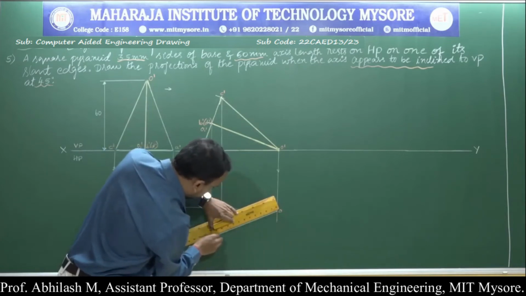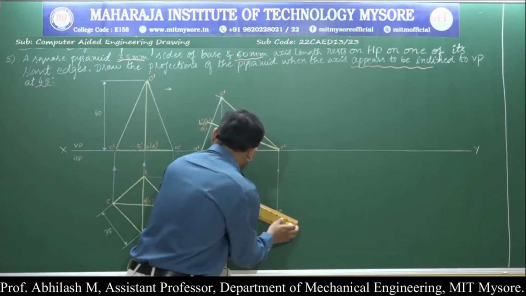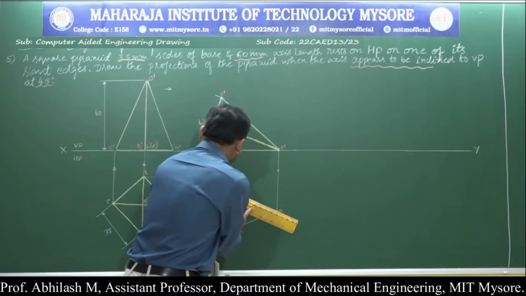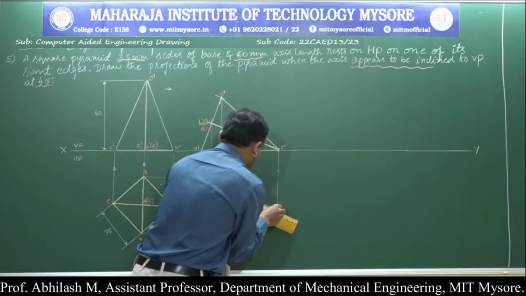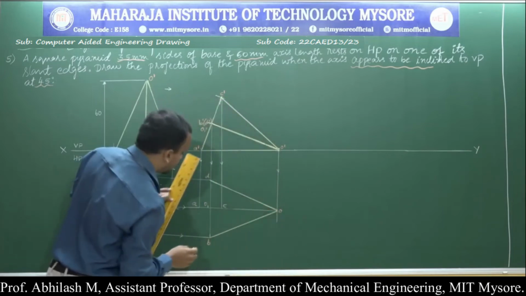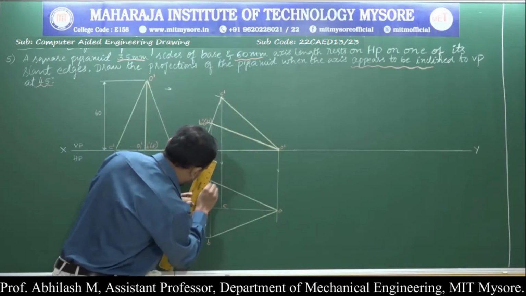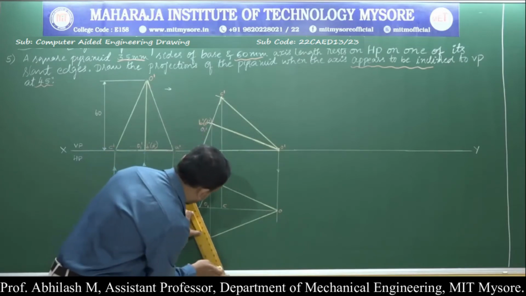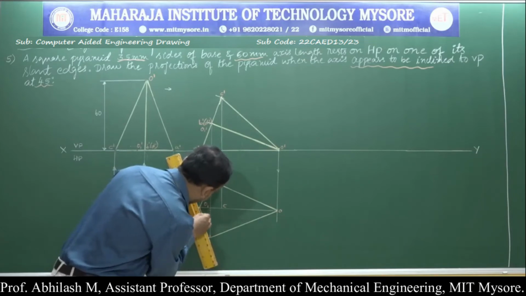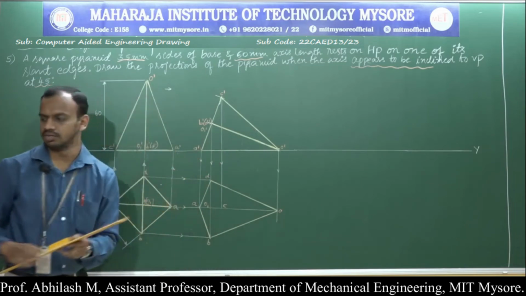A to B is the outer edge, O to D is the outer edge, D to A and A to B. These are all completely visible.